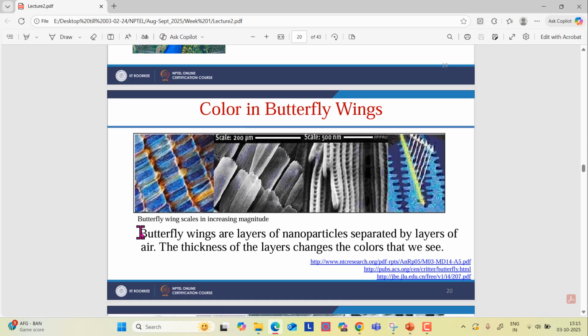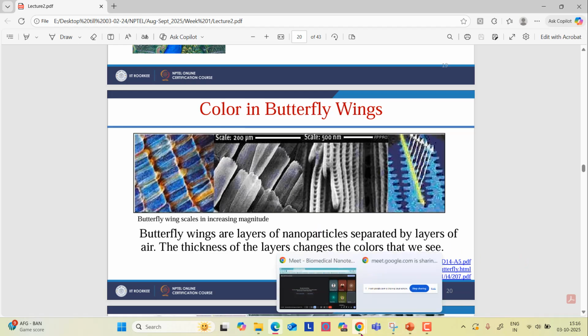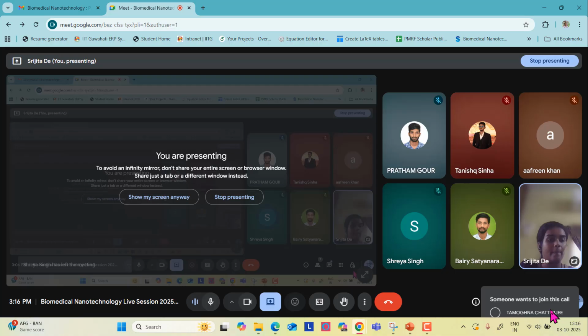So what is the reason? Butterfly wings are layers of nanoparticles separated by layers of air. There are multiple layers of nanostructure sheets, and in between those layers there is air, and that air thickness controls the color.